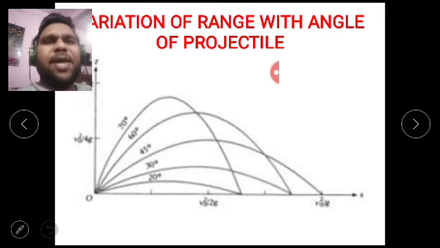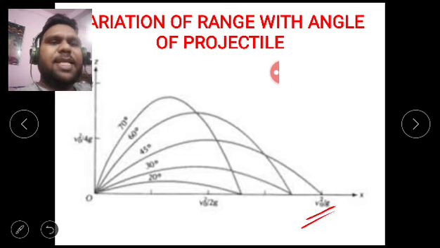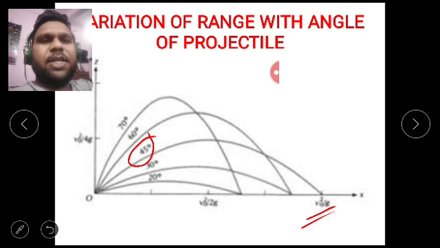We will study variation of range with angle of projection. So we are projecting the projectile with different angles. As we know, the range will be maximum at angle of projection equal to 45. So we can see it. Range is maximum, and it will be equal to v square by g at 45.